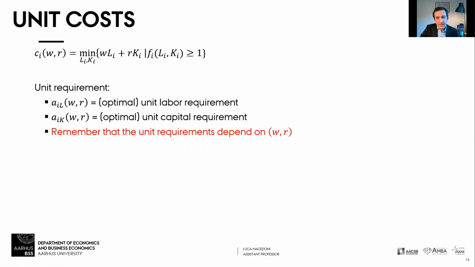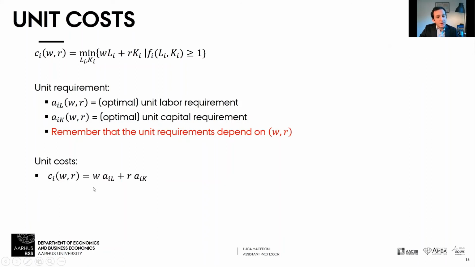Now, in the algebra that will follow, we're going to drop the argument (W, R) for ease of notation, but keep that in mind because this is a key difference with the Ricardian model. In the Ricardian model, the a_iL were constant, and there was no a_iK, but if there were, that would also be constant. Instead, in the Heckscher-Ohlin model, these two vary and depend on the wage and the rental on capital.